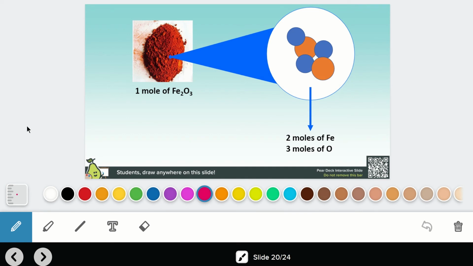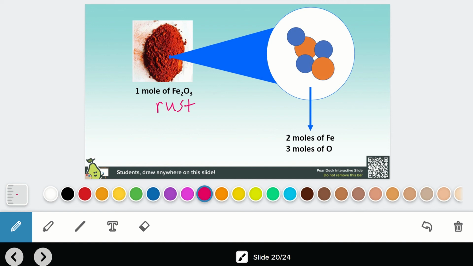So this is a visual representation of what's going on there, right? If I had a pile of iron oxide, this is actually what it looks like. Iron oxide is what you might know better as rust, right? When iron rusts and reacts with oxygen, it forms iron oxide, that nice rust color, as we call it.